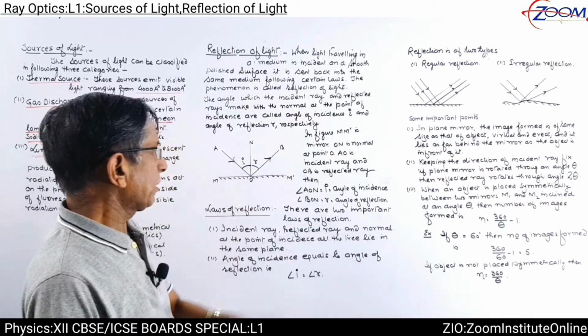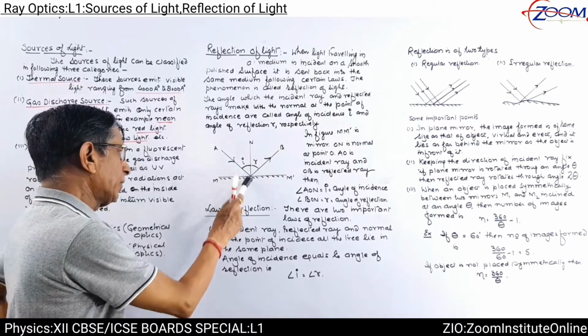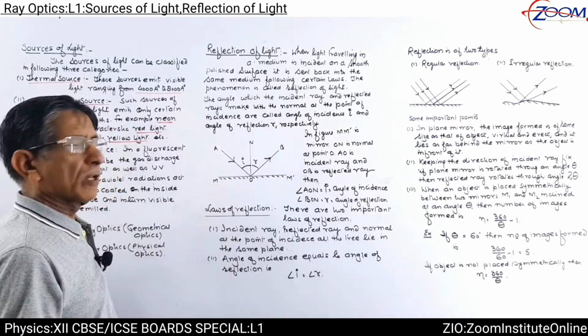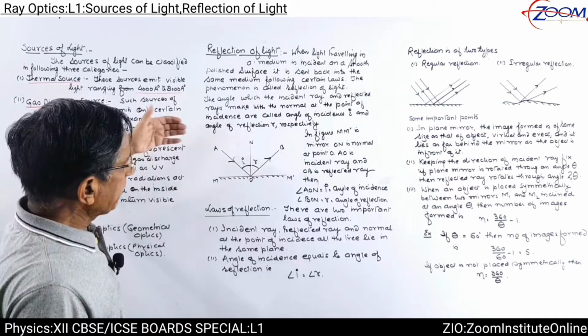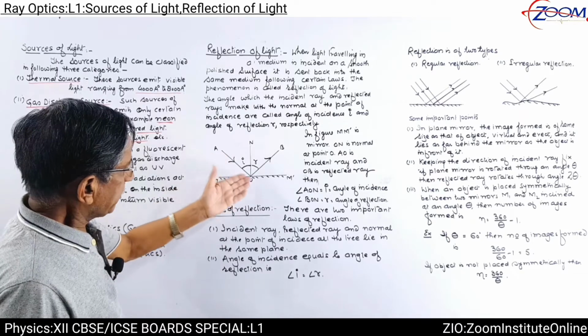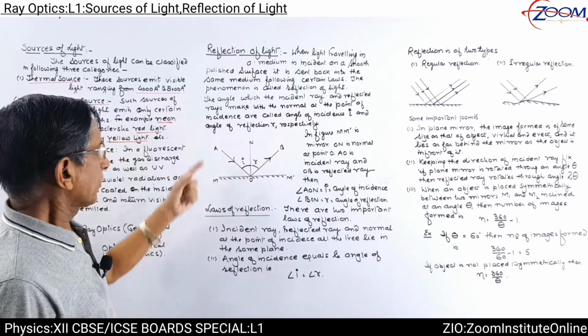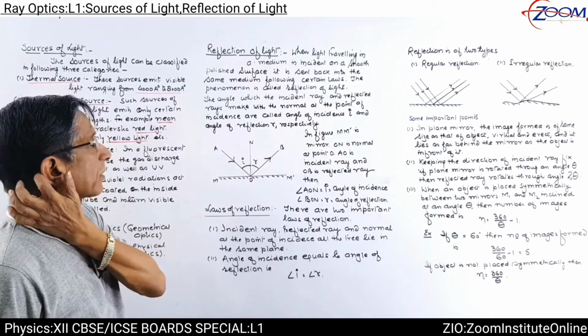Suppose this is a plane mirror, dear students. AO is the incident ray. At point O you draw a normal, then OB is called reflected ray. So when a ray of light strikes on a surface, then it bounces back in the same medium. AO is called incident ray and OB is called reflected ray.